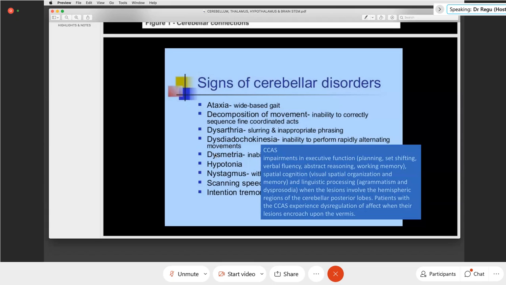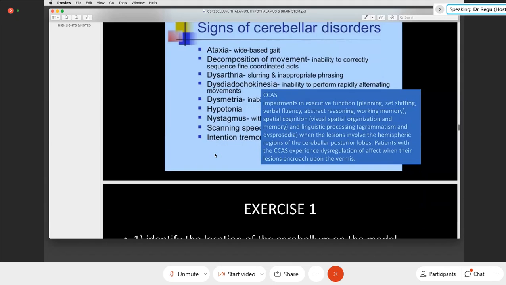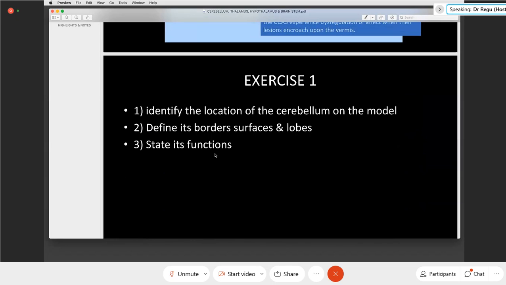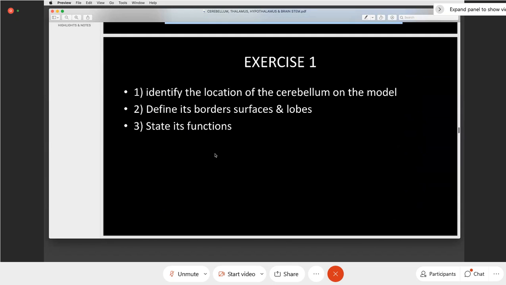Which are the lobes? Which are the functions? I hope the class rep can remember this will be one of the group's assignments. This is what I would want you all to do when we're coming back in January. One of the groups can pick up the cerebellum. I don't think you need too many people for this.